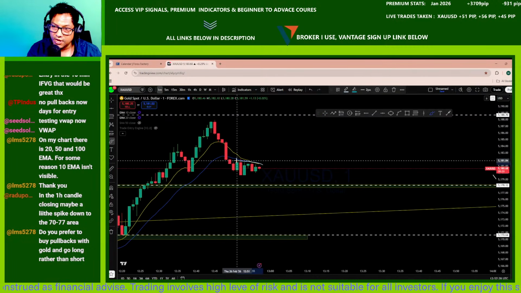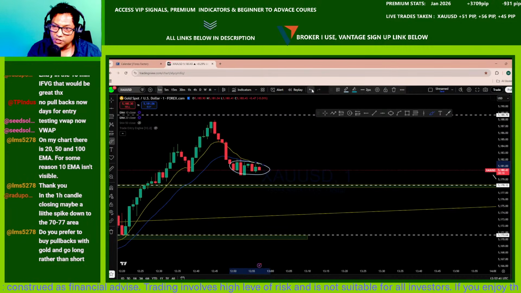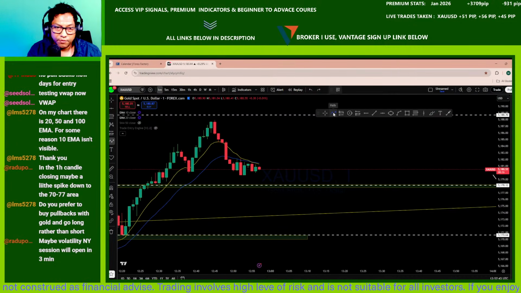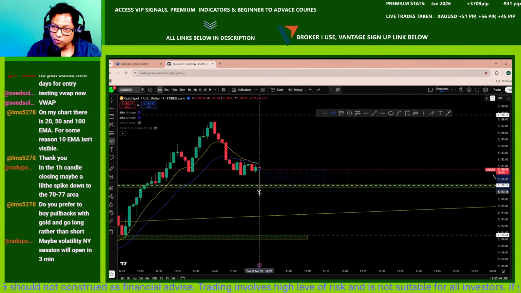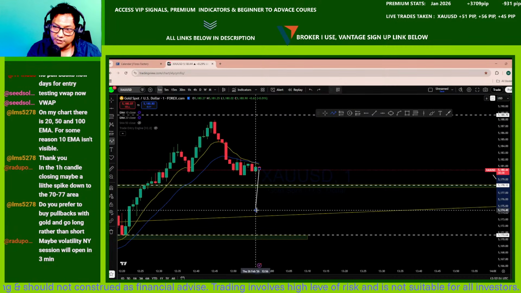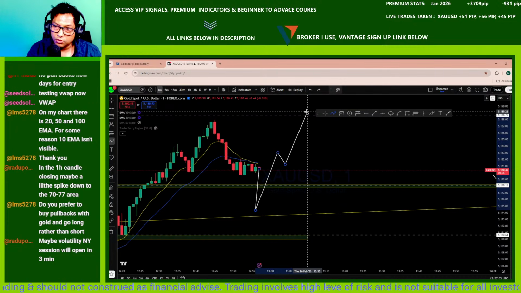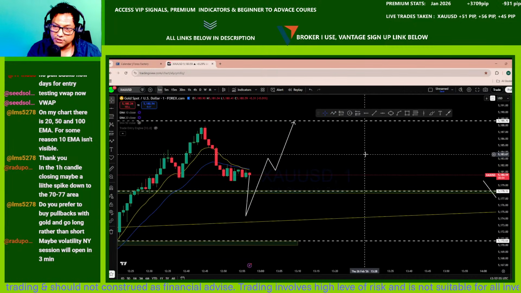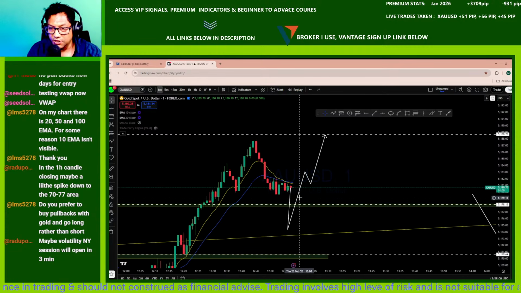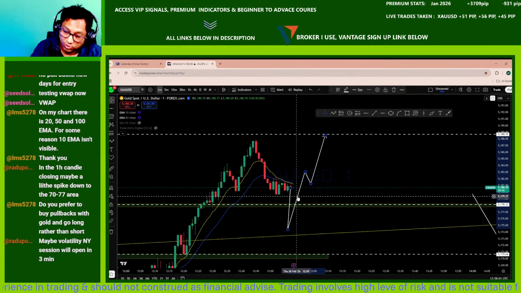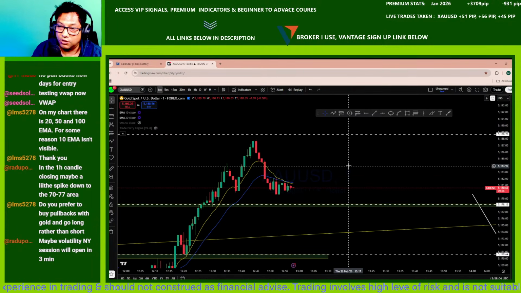All right, so this is a narrow zone. Maybe volatility and session will open in 3 minutes. Yes, that volatility, if it breaks below like that, and then to go long, that's going to be the best potential entry. Doesn't mean that it's going to always happen in that way, but that's called the trading plan.